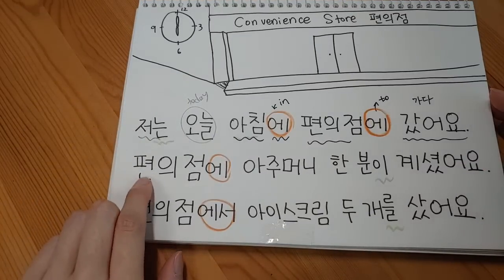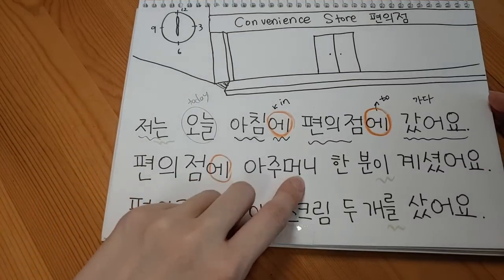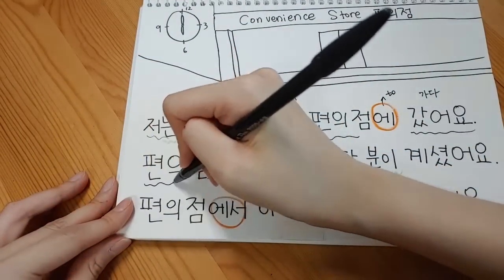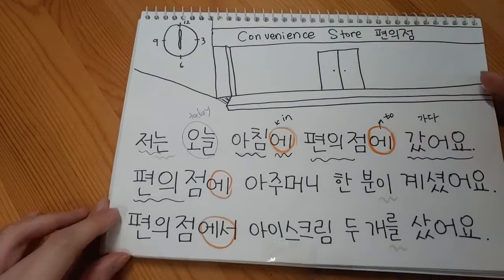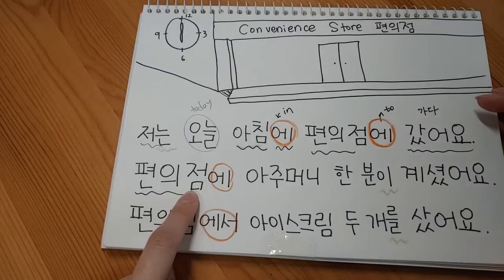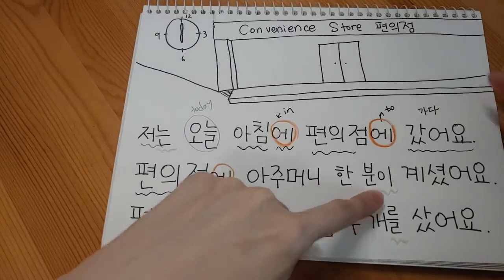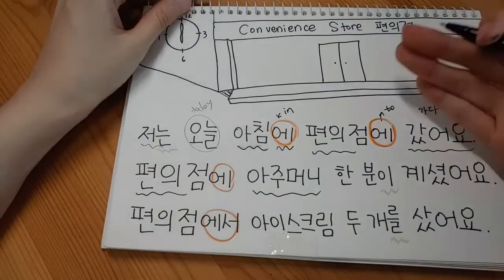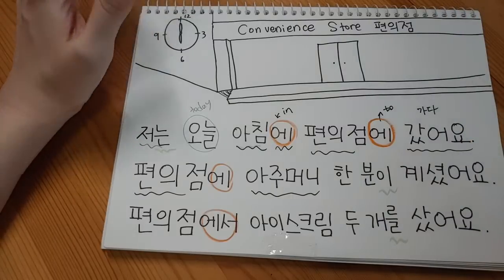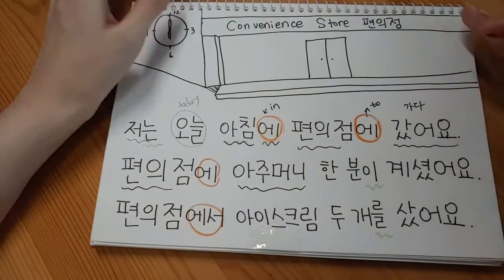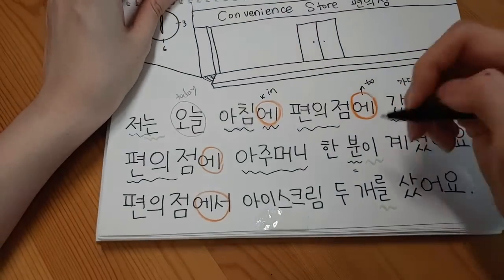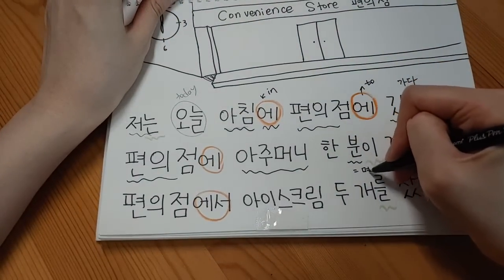And 편의점에 아주머니 한 분이 계셨어요. 편의점, we learned that this means a convenience store, right? In the convenience store, 아주머니 한 분이 계셨어요. 아주머니 is a friendly way to call a middle-aged woman. 분 is an honorific form of the counter word 명.